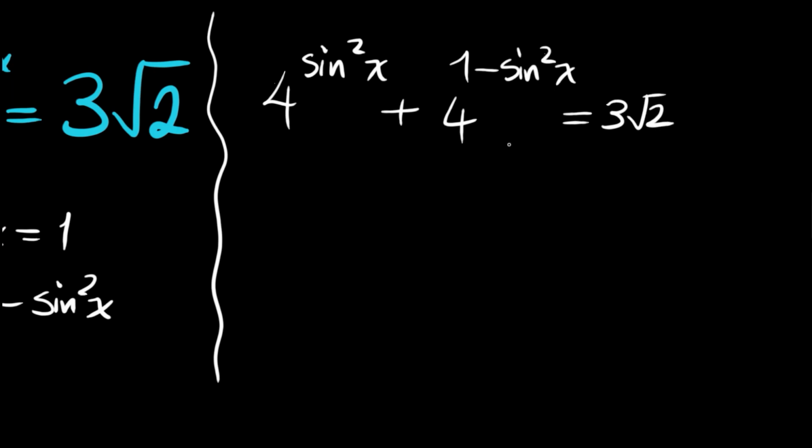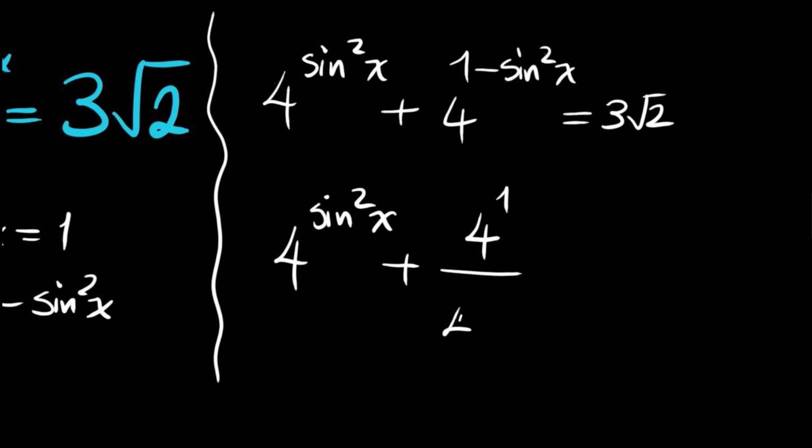Now this second term here, let me write, we have 4 to the power sine squared x plus, the second term can be written as 4 to the first power, divided by 4 to the power sine squared x. This is equal to 3 times root 2.